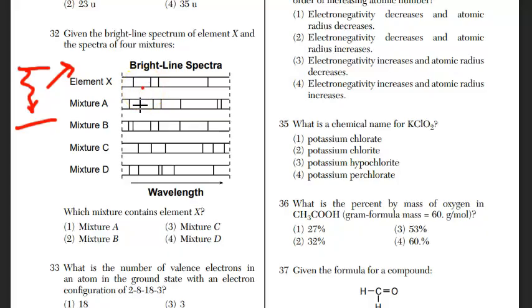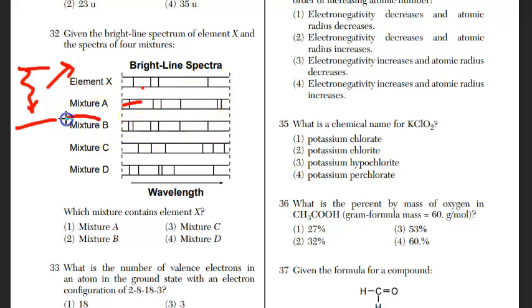Mixture A does not have element X in it right away. You can see this first line is not showing up in element X. We move to mixture B. Now, there can be extra lines, but we need to account for all 4 of these lines for element X in the mixture. And it looks to be that we have this first one from element X, the next 2, and then the 4th one.